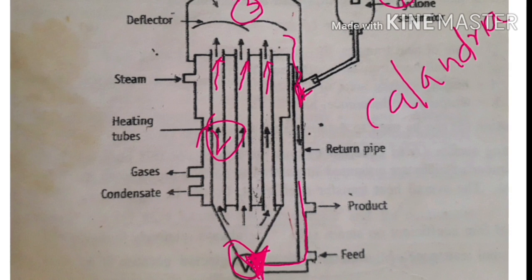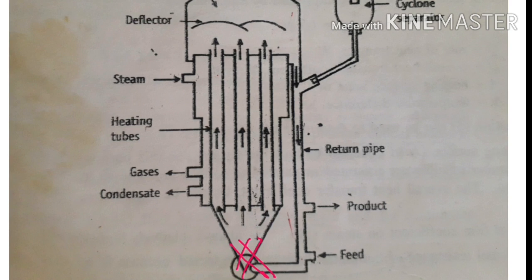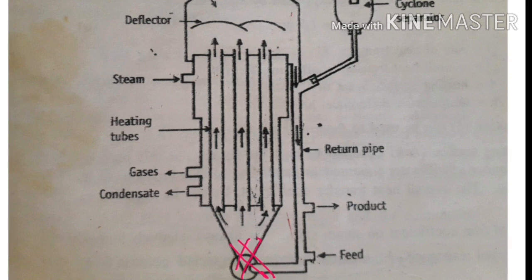Now let's see what is the principle behind this apparatus. Forced circulation evaporator consists of a pump. With the help of this pump, the feed liquid is introduced into the vertical tubes. The feed liquid is introduced into the steam jacketed tubes.